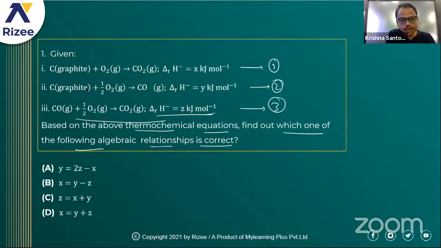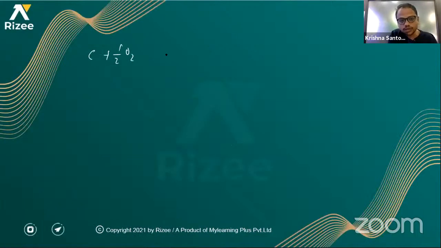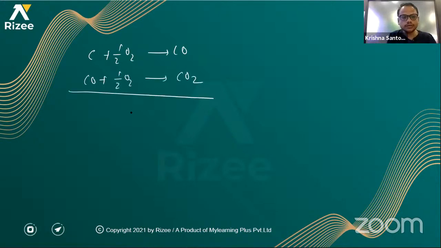If we combine equations 2 and 3, the second equation is C plus half O2 gives CO, and the third equation is CO plus half O2 gives CO2. If you add these two equations, CO gets cancelled, and you get C plus O2 gives CO2, which is the first equation.